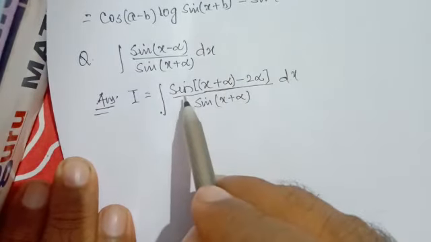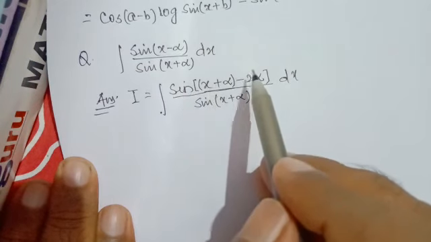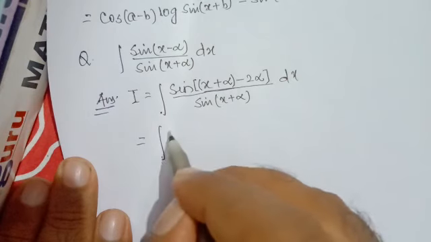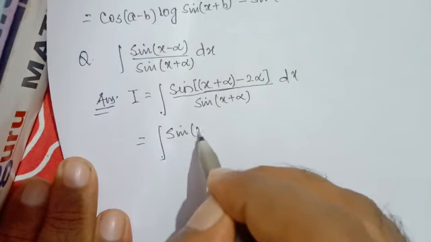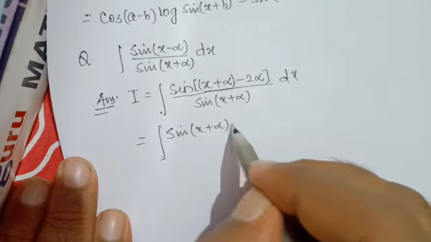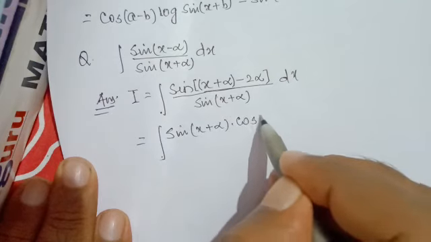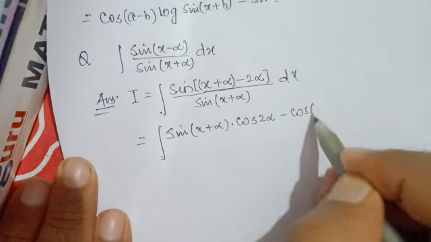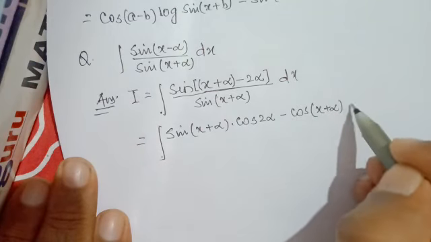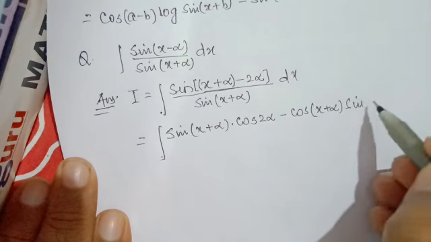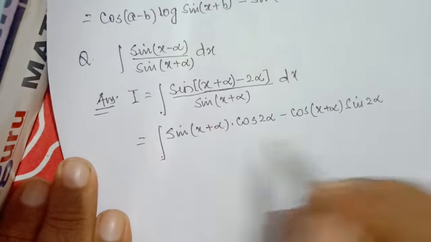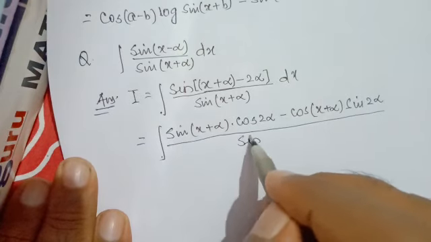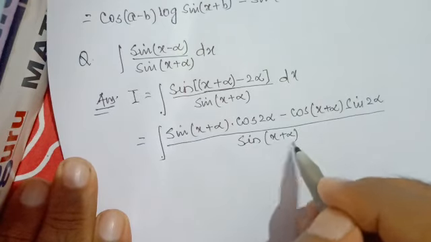Apply the formula sin(a minus b). Sin(a minus b) should be written as sin a into cos b minus cos a into sin b, which is 2 alpha, divided by sin(x plus alpha) dx.